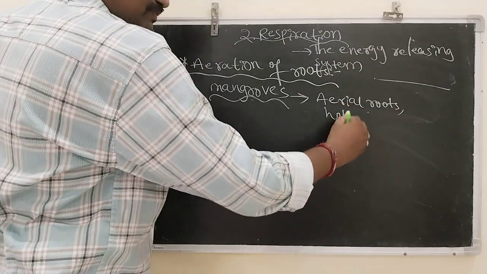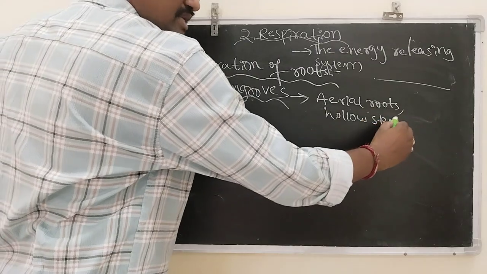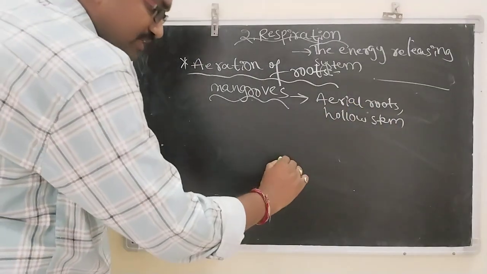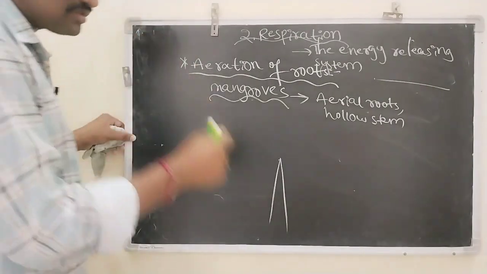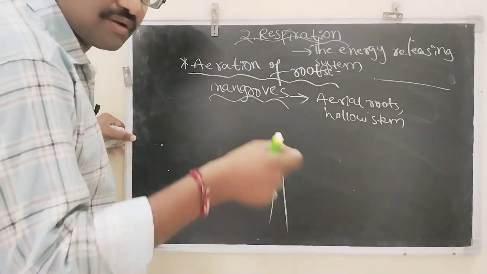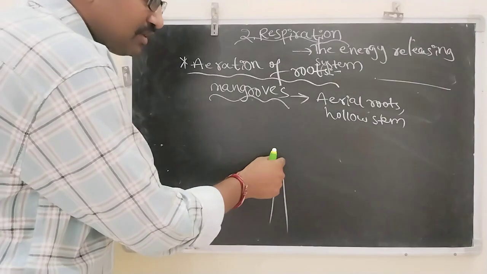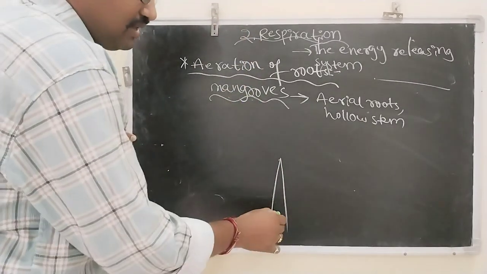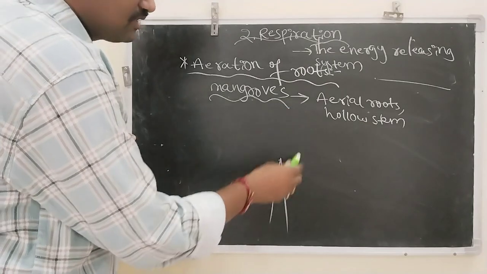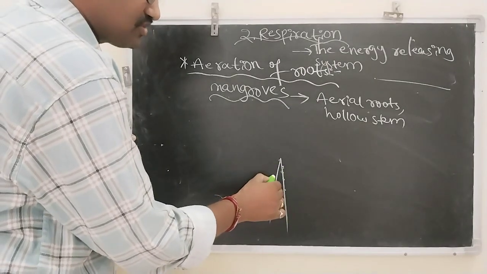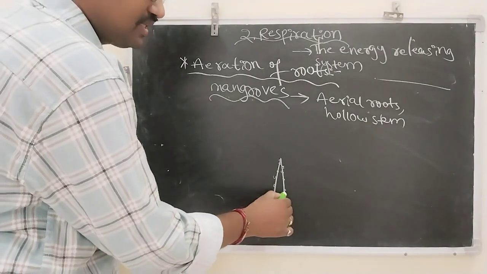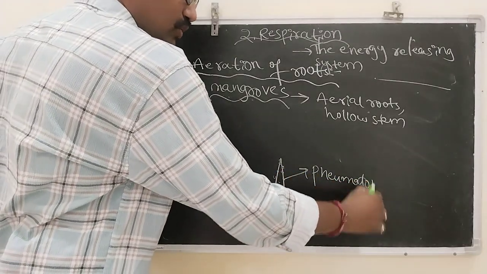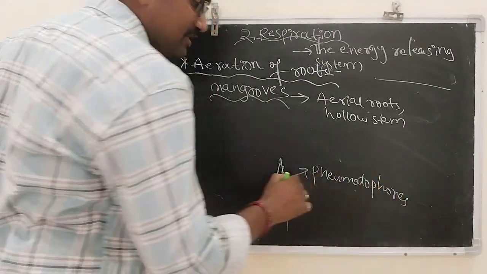and hollow stem. Hollow stem means there are empty spaces inside the stem. And aerial roots means, we know already, the roots are under the soil, but here the roots come above the soil surface in the case of mangrove plants. The roots which come above the soil surface contain small hole-like structures called pneumatophores, which are nothing but air spaces.